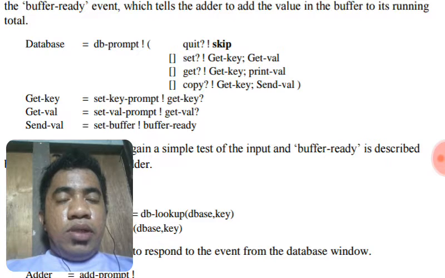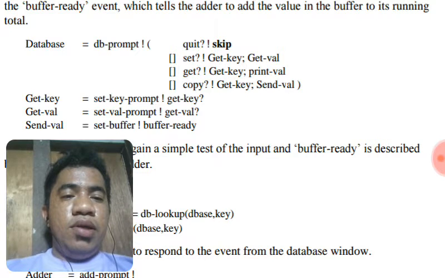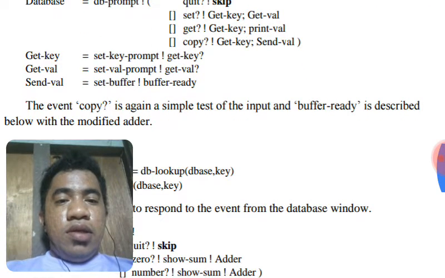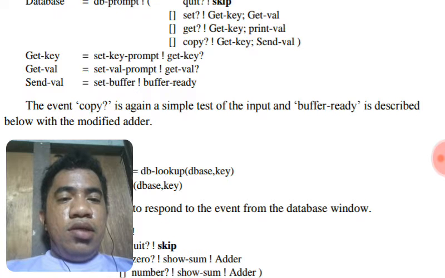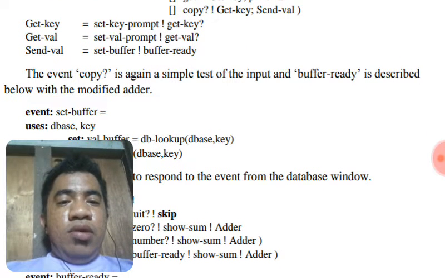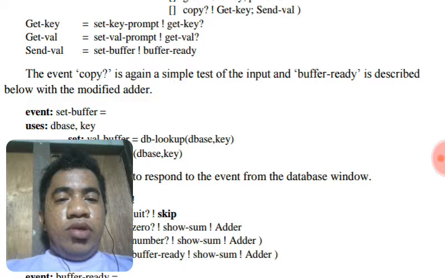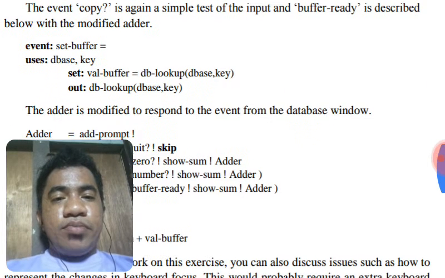Database db prompt quit skip set get key get file get key get print file copy get key send file get key set key prompt get file set file prompt get file send file set buffer ready. The event copy is again a simple test of the input, and the buffer ready is described below with the modifier added.